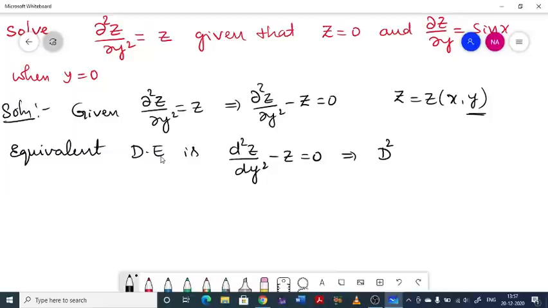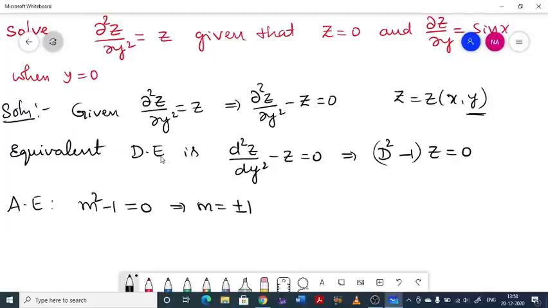So I can write this as (D² − 1) z = 0. The auxiliary equation is m² − 1 = 0, that means m = ±1.